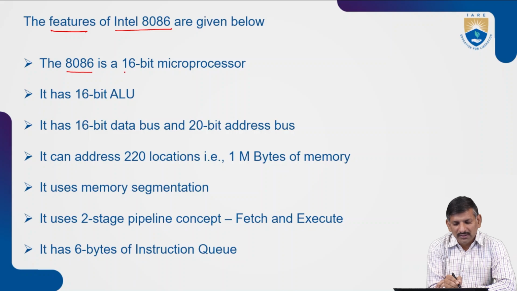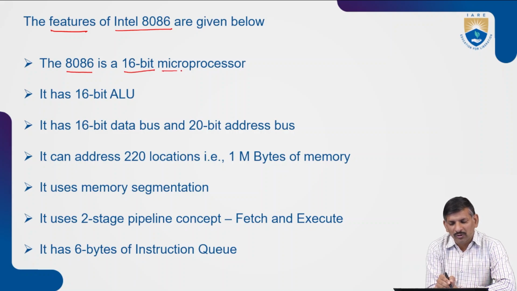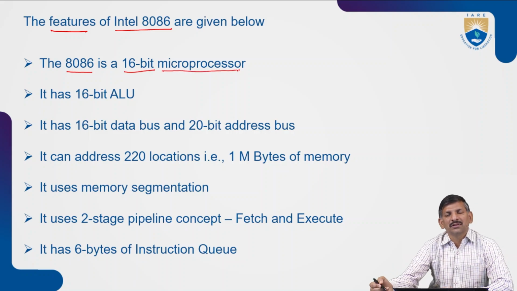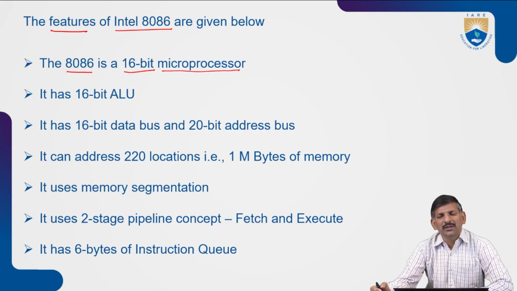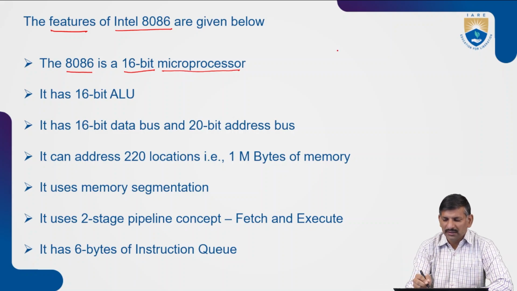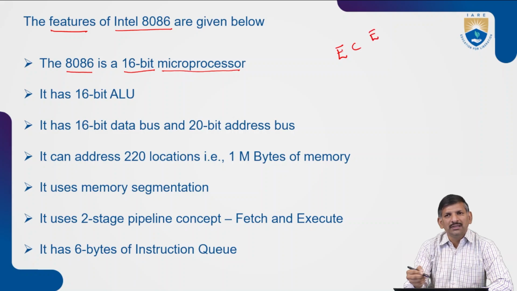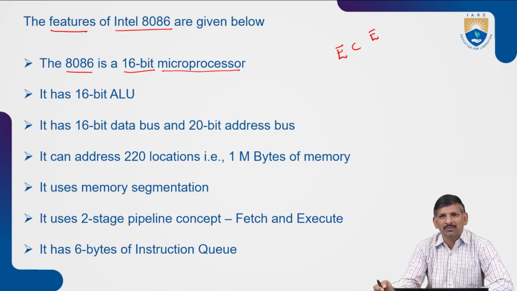8086 is a 16-bit microprocessor. 16-bit means that at a time it will process 16-bit information. Suppose ECE. Each letter has some ASCII number.